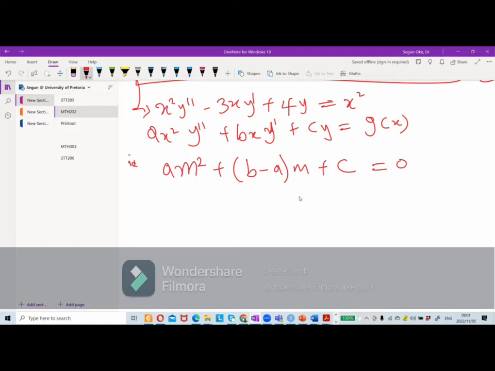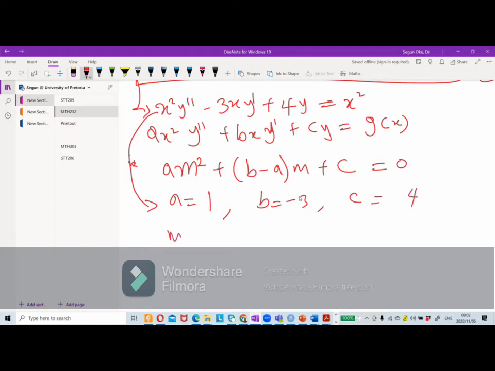So what we need to do at this point is to identify our A from our equation. What's going to be our A in this case? A is equal to 1. Then our B is equal to minus 3, and our C is equal to 4. Let's substitute it.